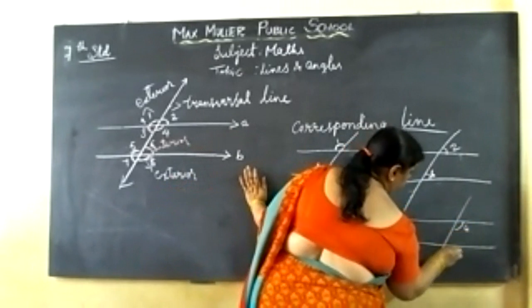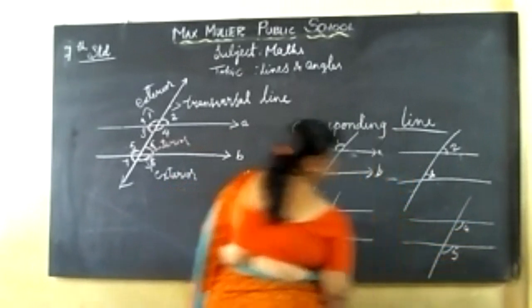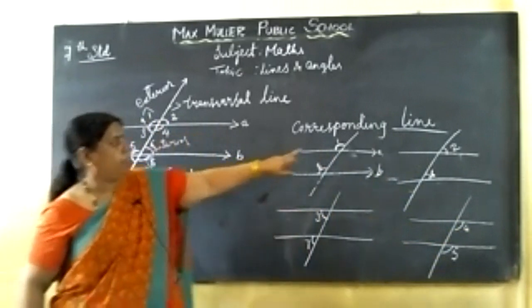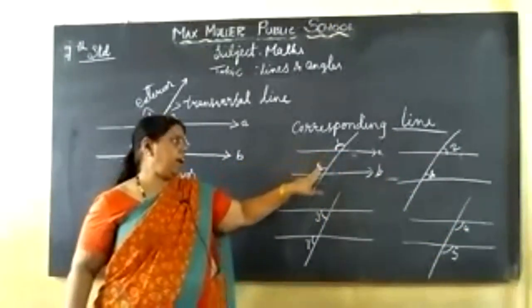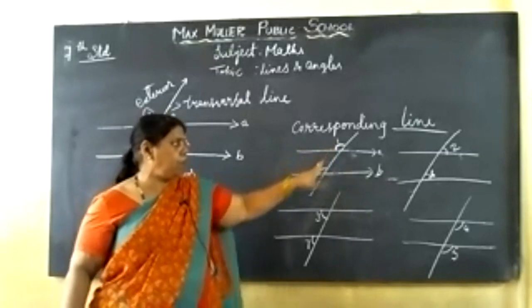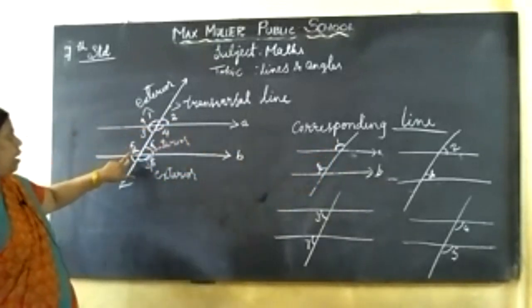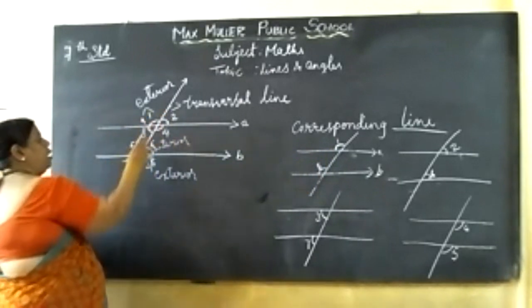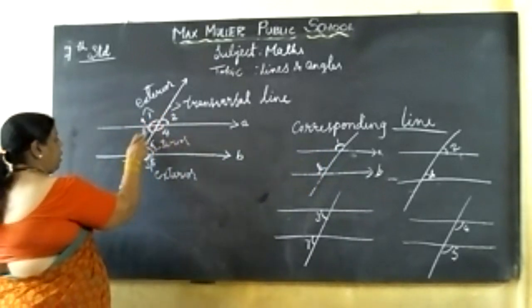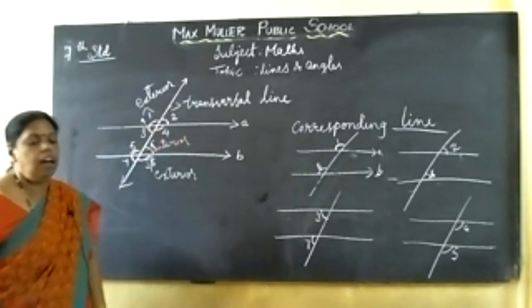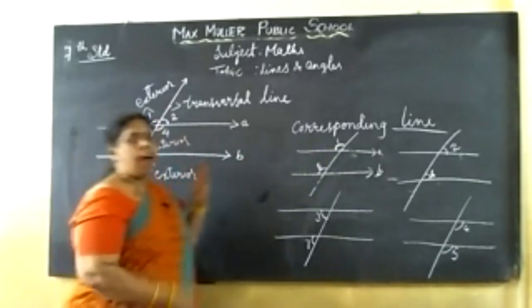Angle 4 and angle 8. Are you understanding? Okay, 1 and 5. One is outer, one is interior. See, 1 and 5. 2 and 6. 3 and 7. 4 and 8. These are all corresponding angles.